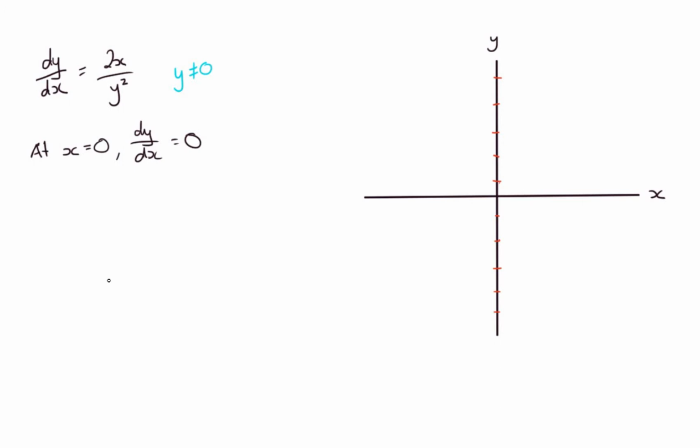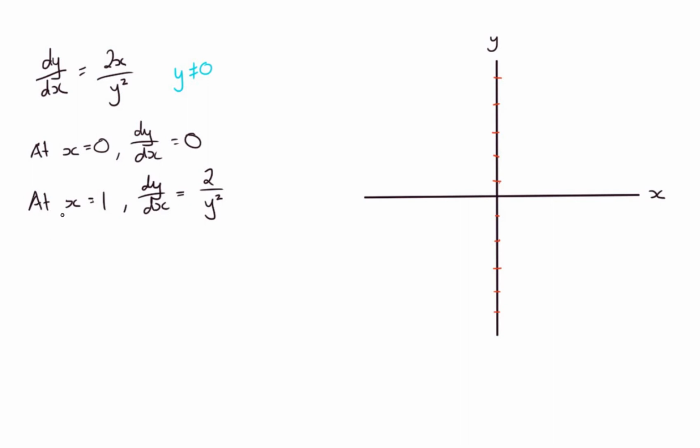Alright, let's move on and have a look at what happens at x equals 1, because so far it seems okay. So when we substitute in x equals 1, we get two lots of 1, so 2 on the numerator, but then we've got y squared on the denominator, so it's not actually going to be the same all the way along x equals 1. It's going to change. Each individual point is going to be unique, and that's why these direction fields are a little bit more hectic.